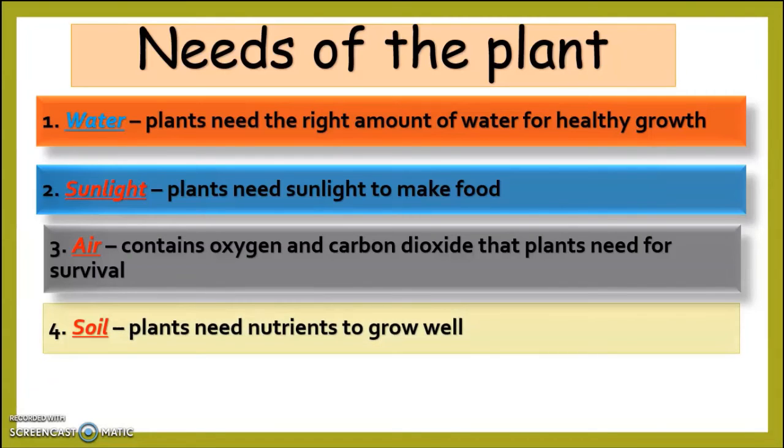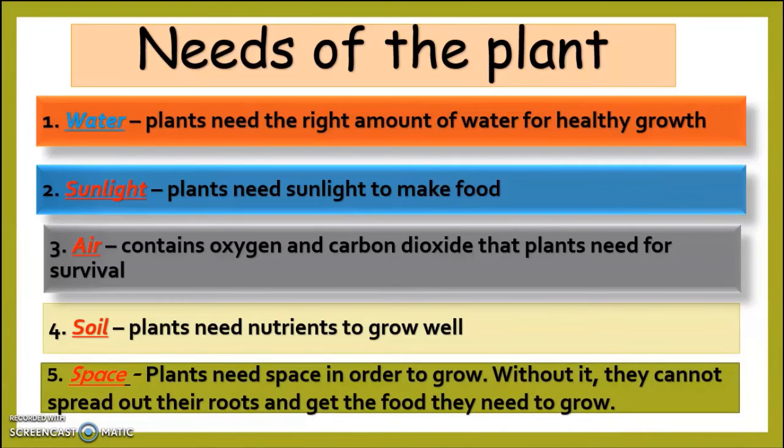Number 4, soil. Plants need nutrients to grow well. And the last one, space. Plants need space in order to grow. Without it, they cannot spread out their roots and get the food they need to grow.